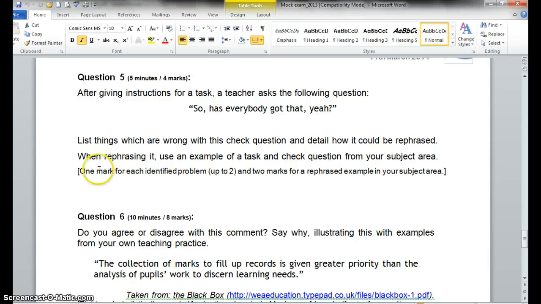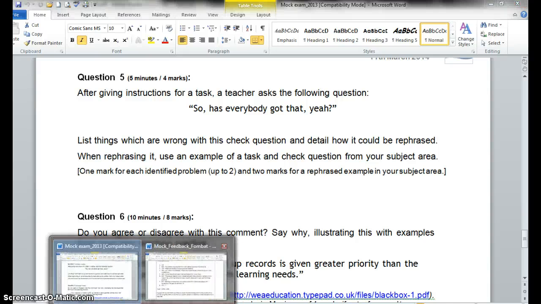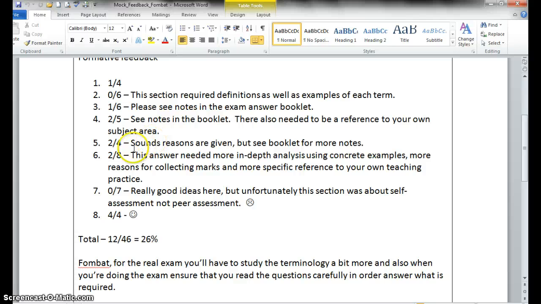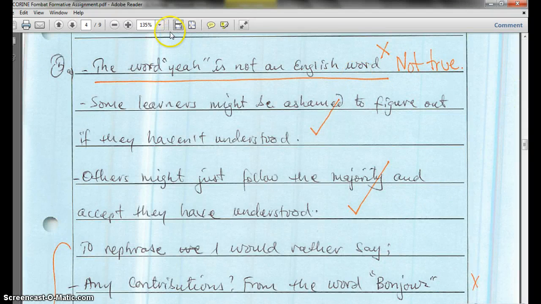And you had to say what are 2 things that are bad about it, and 2 different questions that you could ask in a French lesson to check instructions of a French activity. So let's just see how you did on this one. So 2 out of 4, so you had some good reasons, but I think you needed questions. So let's take a look.